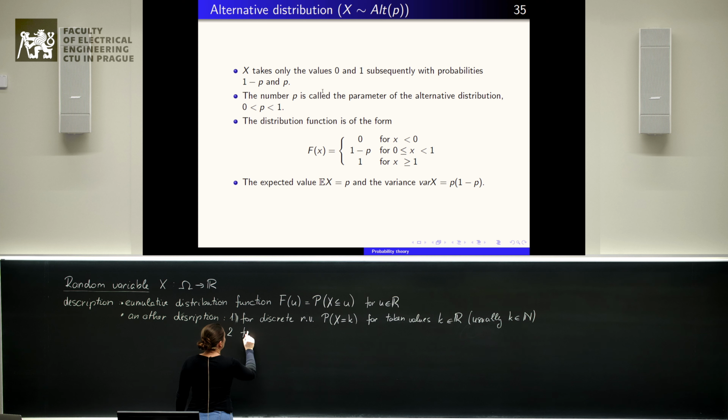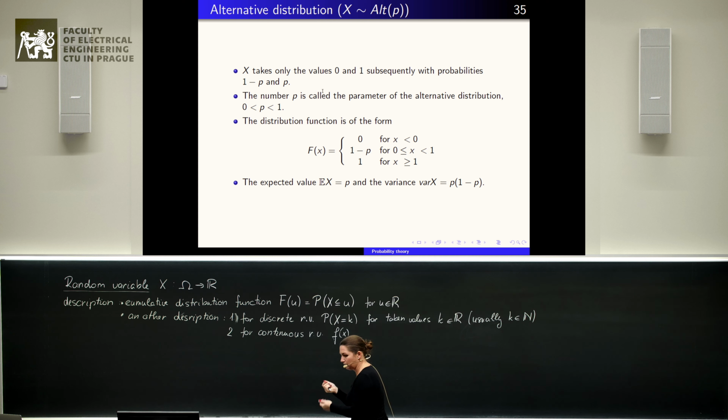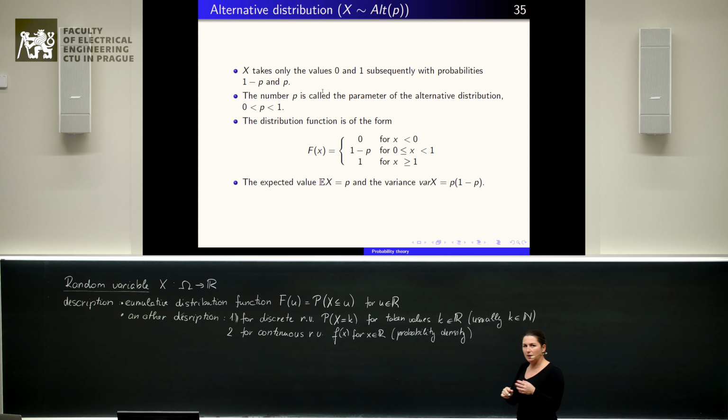Or for continuous random variable, we use a function f_X called probability density, describing how the probability is distributed in taken values, but the number of taken values can be uncountably infinite.